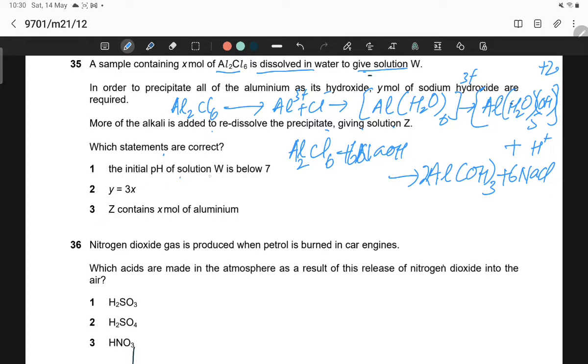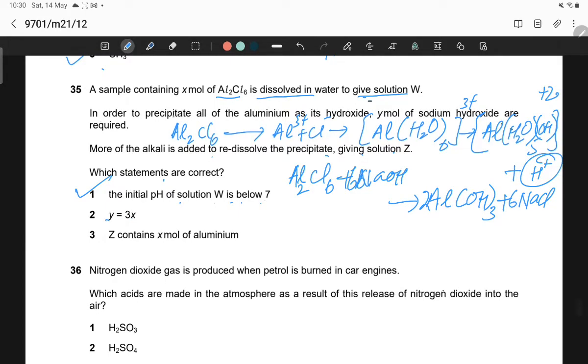So the initial pH of solution W is below 7 because hydrogen ion is produced in this reaction. That's why the initial pH of solution W is below 7. So this is correct. Y is equal to 3x.